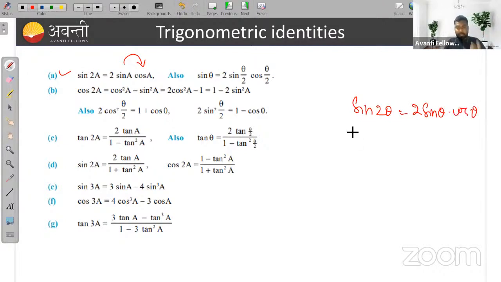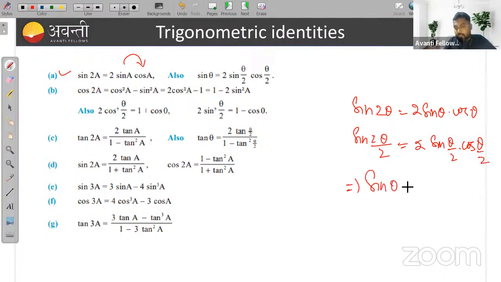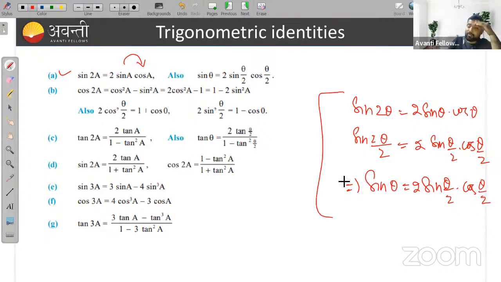So if you take the half angle formula, sin(2θ/2) on the left side will be 2 sin(θ/2) into cos(θ/2). So sin θ is equal to 2 sin(θ/2) into cos(θ/2), right? I hope this is clear to all. Likewise, you can prove also.